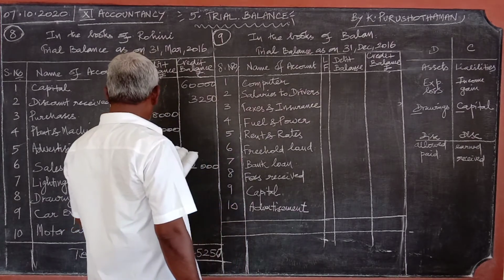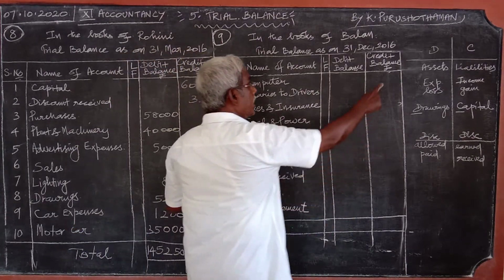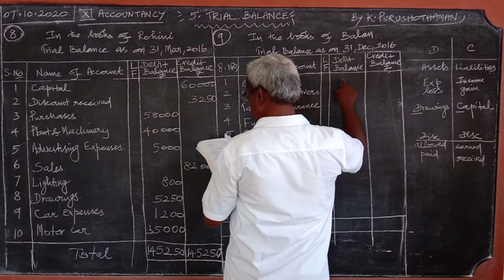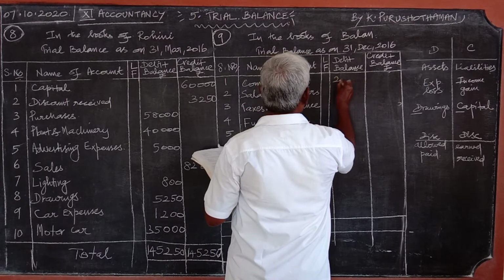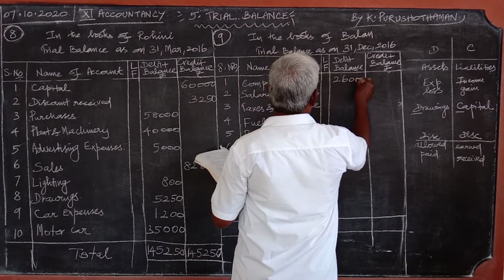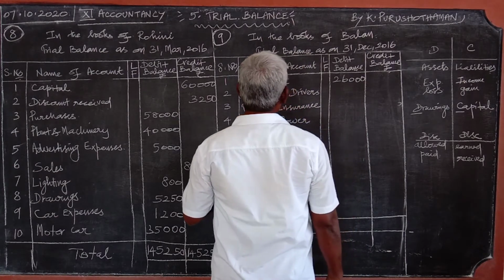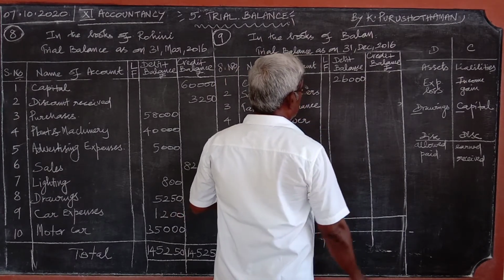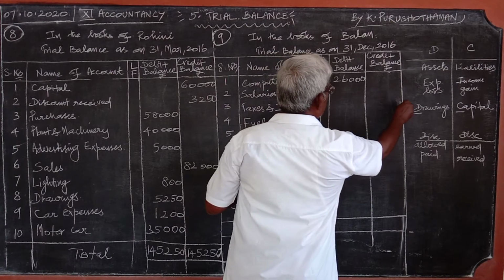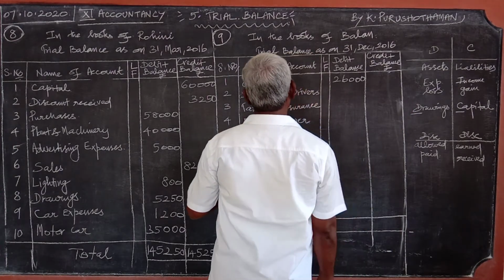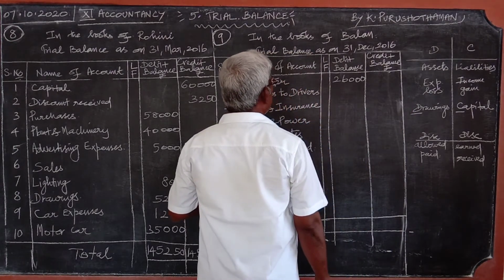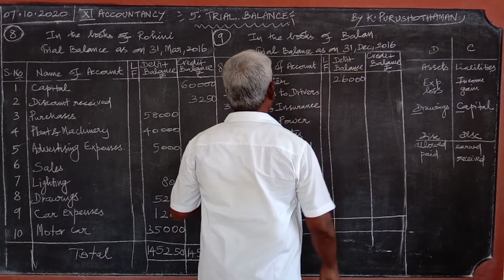The first one, computer. Computer is an asset. Therefore, on the debit side, 26,000. Salaries to drivers. The drivers are paid salaries. It is an expense to Balan.